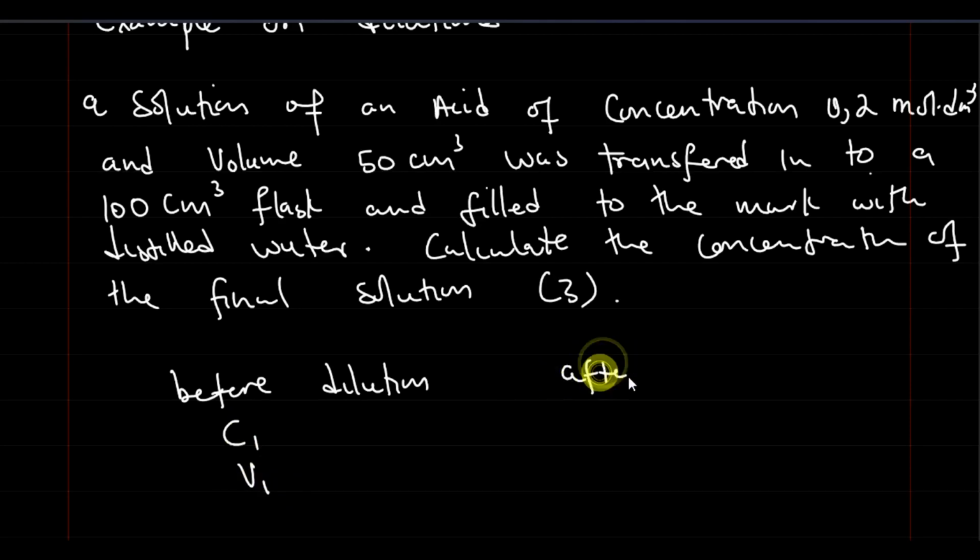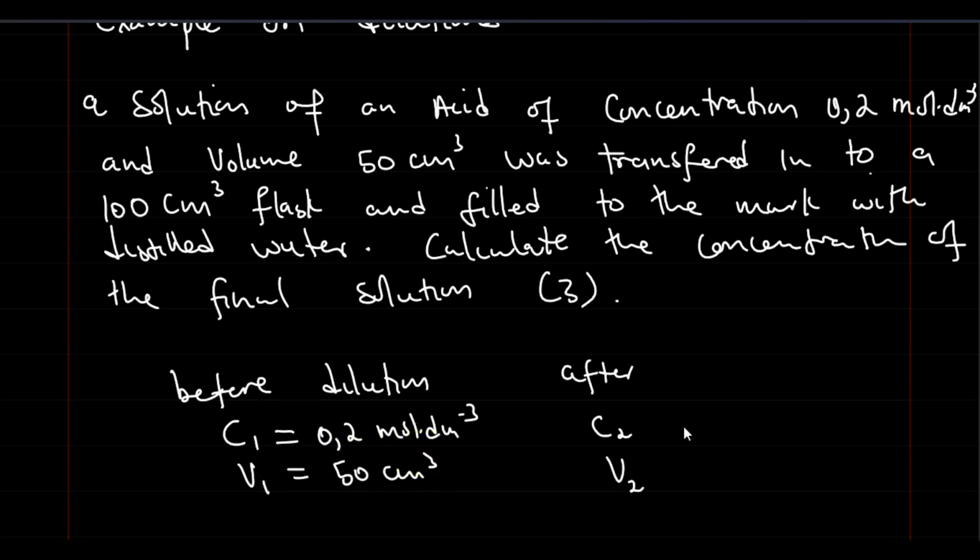And after dilution, what do we have? We have C2 and V2. So here C1, they've given us 0.2 mole per dm cube. Then V1, how much do we have? We have 50 cubic centimeters, isn't it?